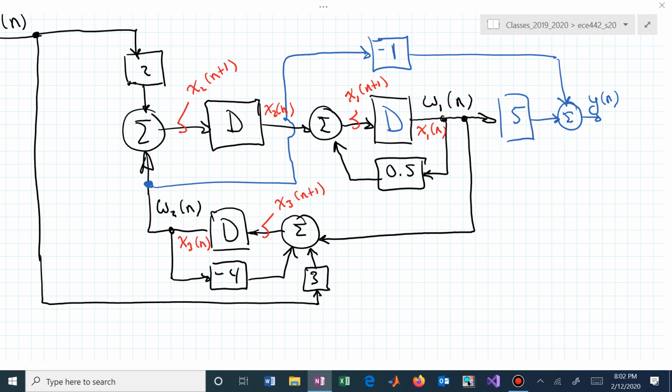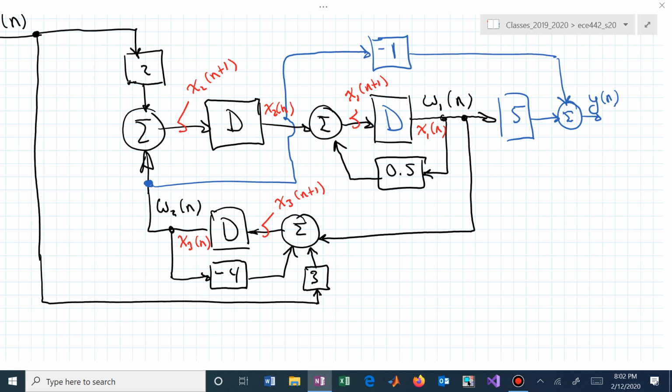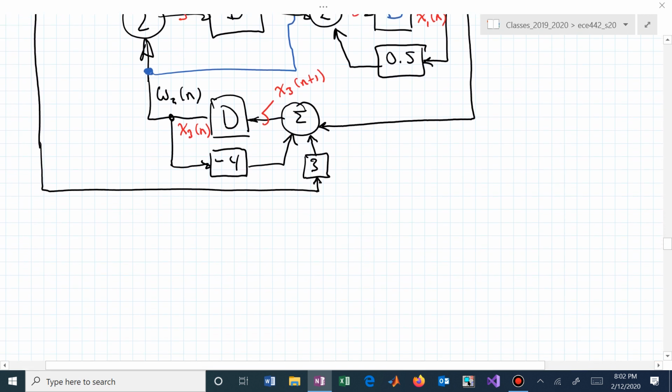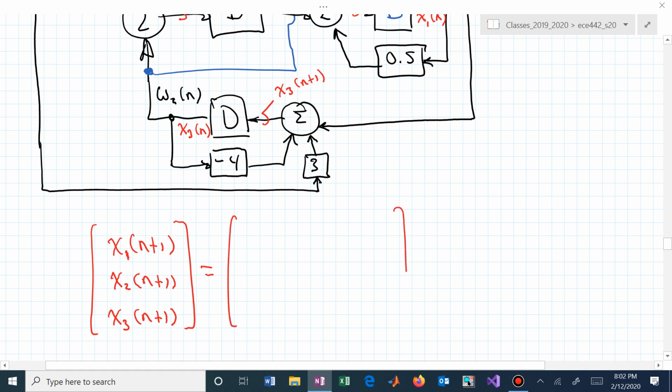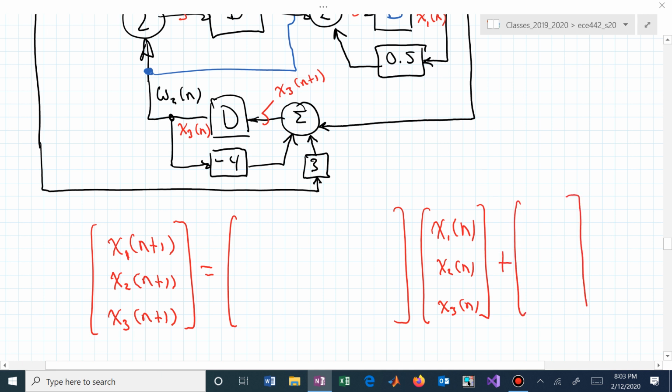I can write my state vector, x1 of n plus 1, x sub 2 of n plus 1, x sub 3 of n plus 1, equals some matrix times x1 of n, x2 of n, x3 of n, plus some matrix times u of n.